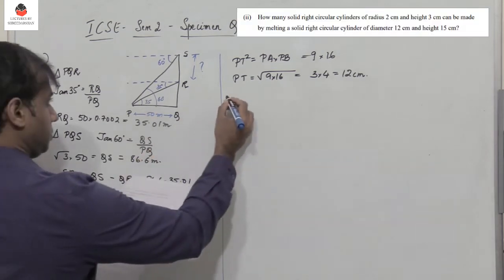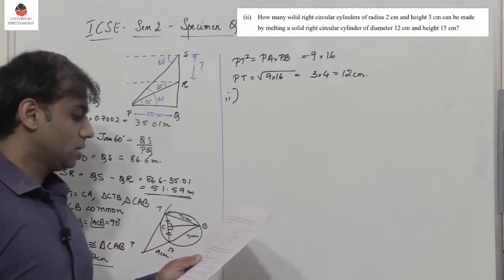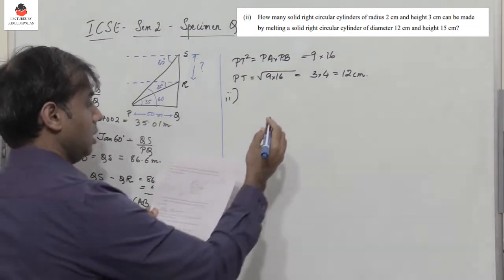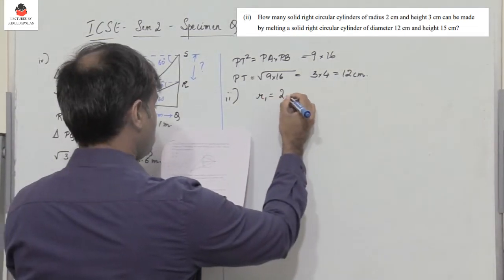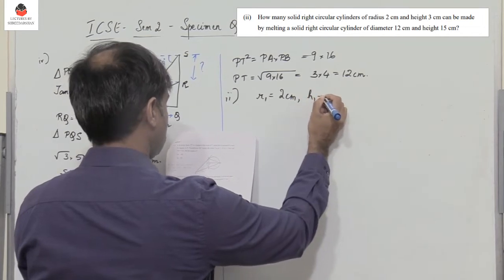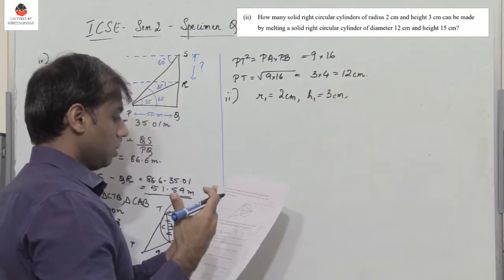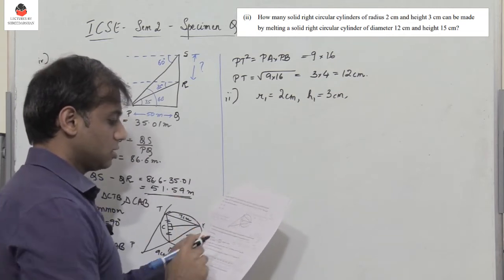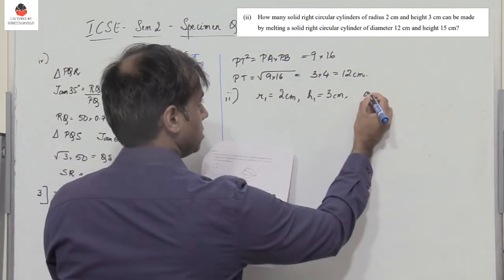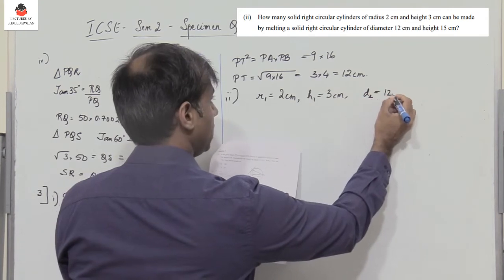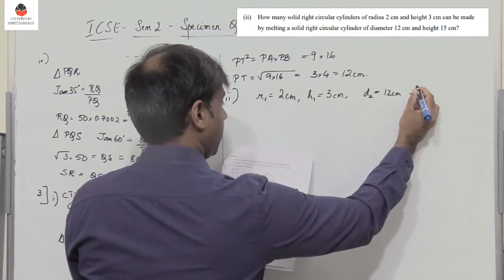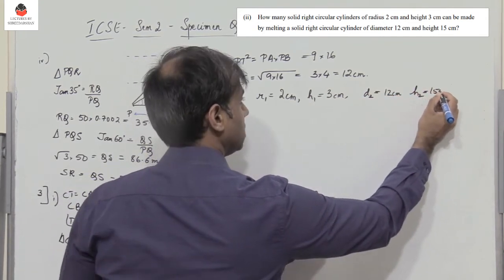Second one: how many solid right circular cylinders of radius R1 equals 2 centimeters and height H1 equals 3 centimeters can be made by melting a solid right circular cylinder of diameter D2 equals 12 centimeters and height H2 equals 15 centimeters?